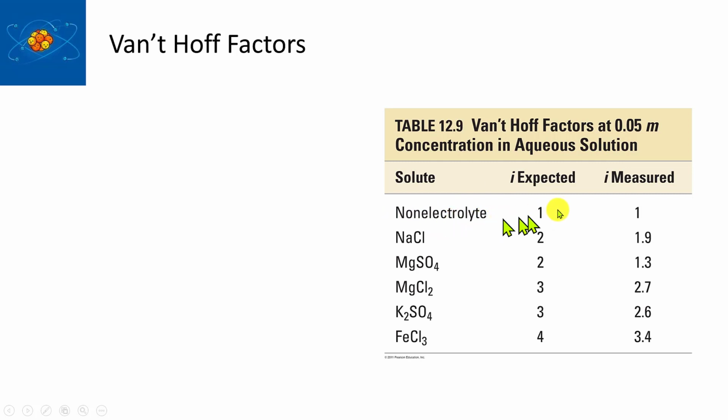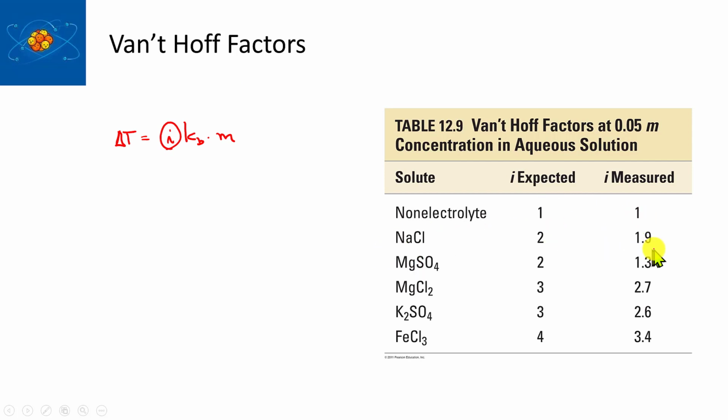Non-electrolytes, that would be molecular compounds, have i values of 1. So when we're doing, for example, delta T equals i times KB times m, if the substance is molecular, we treat i as 1.